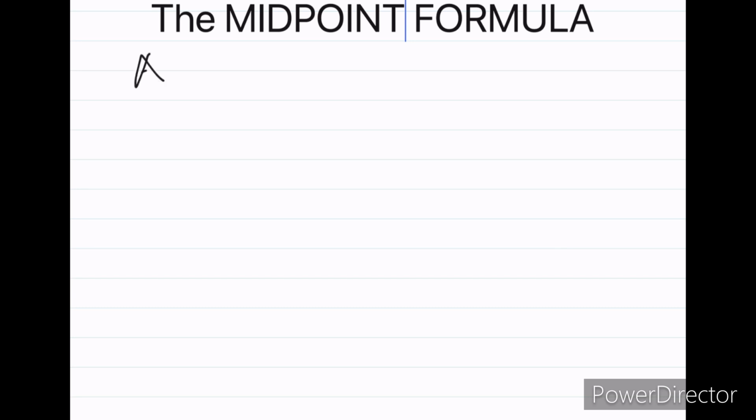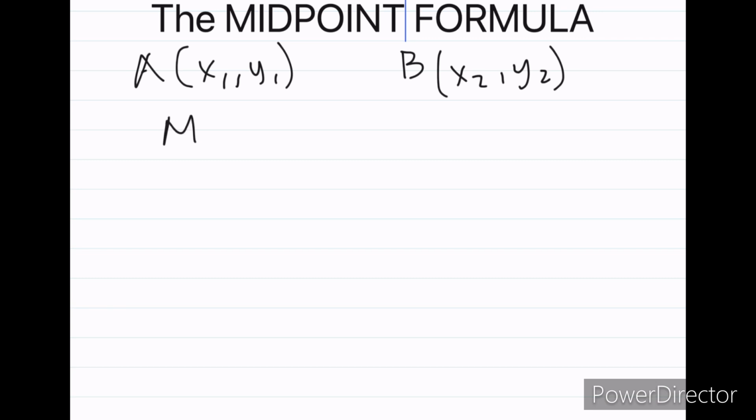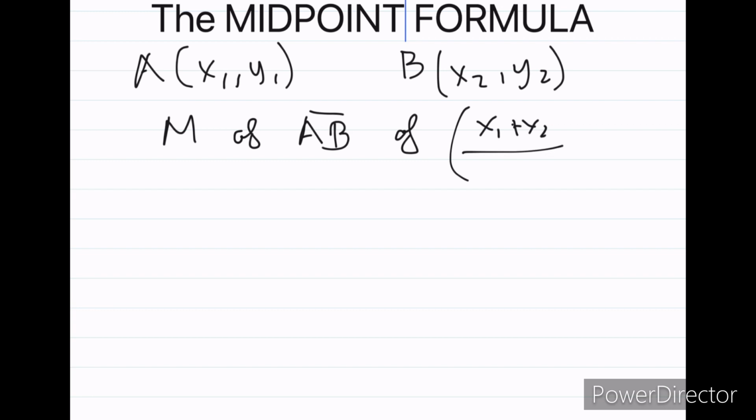If our point A has coordinates x sub 1 and y sub 1, and our point B has coordinates x sub 2 and y sub 2, any two points on the coordinate plane, then the midpoint of line AB has the coordinates x sub 1 plus x sub 2 over 2 and y sub 1 plus y sub 2 over 2. So this is the midpoint formula.